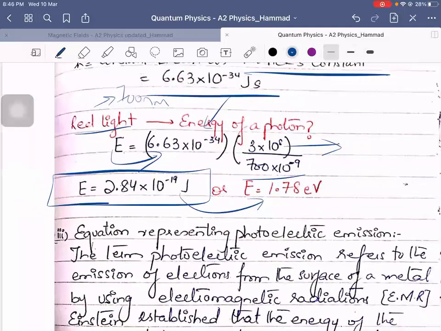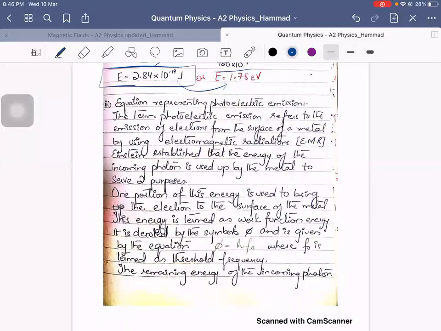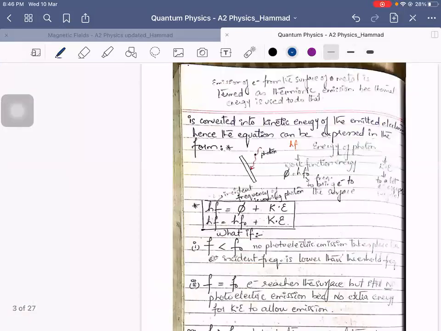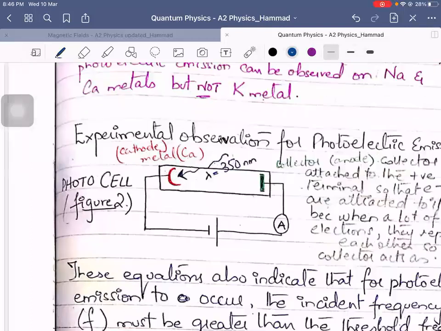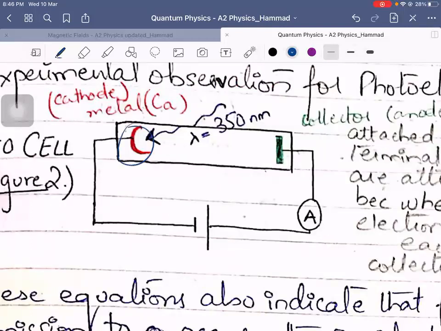Now, photoelectric emission, as I mentioned before, was an experiment done to check if there was a photocurrent being produced or not. A simple photocell somewhat looks like this. The cell was connected to the negative pole and therefore termed the cathode, whereas the collector was connected to the positive pole of the battery.